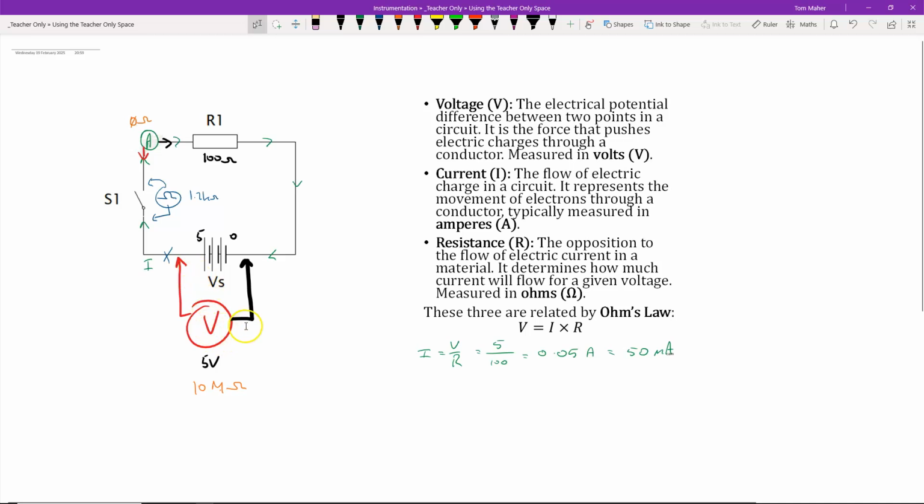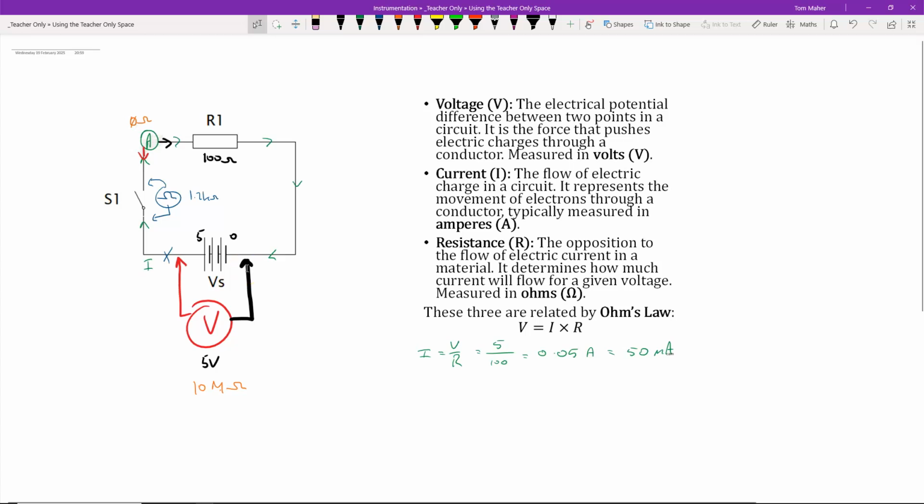So when I put it in parallel with the supply here, it'll just short circuit across the supply, and will obviously draw a lot of current. We can damage the meter, or we can damage the supply, we can damage ourselves if we were doing it at a higher voltage than that. So it's really important when you're finished taking a current measurement that you make sure you put the lead back to the voltage setting, because that's the safer one.